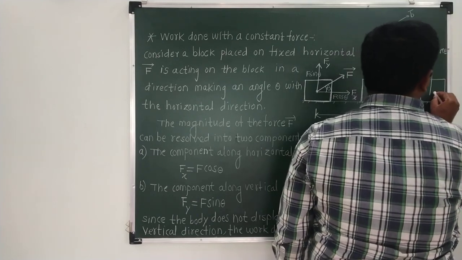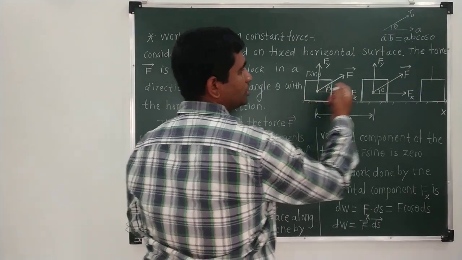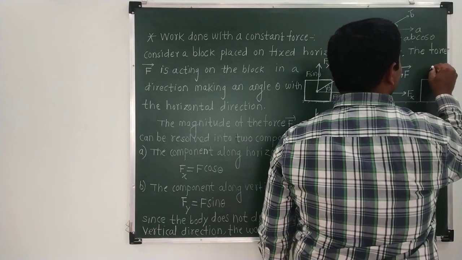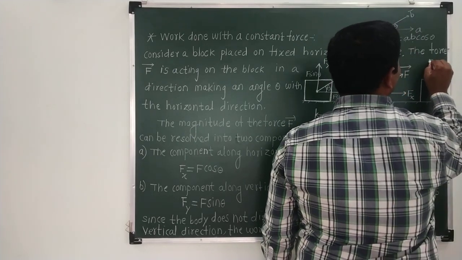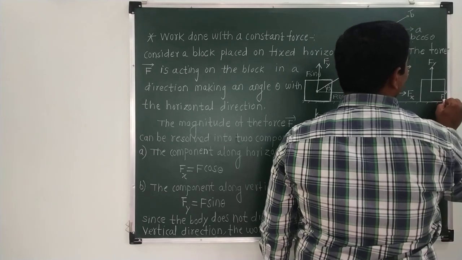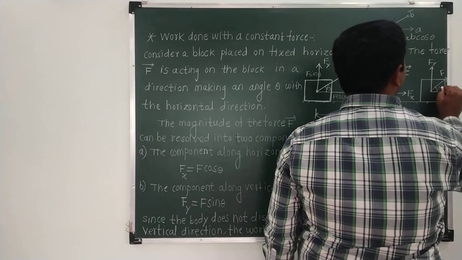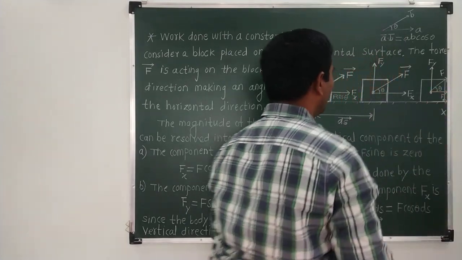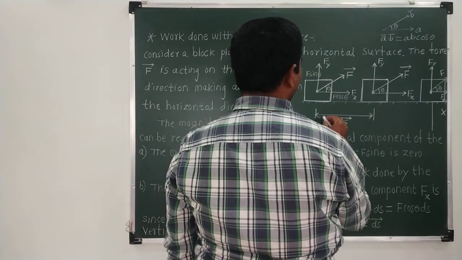So we have to calculate the work done during the process when the body moves from this position to this position. Let us say this is my Fx, this is my Fy, and this is the direction of the force, and they are making an angle theta.